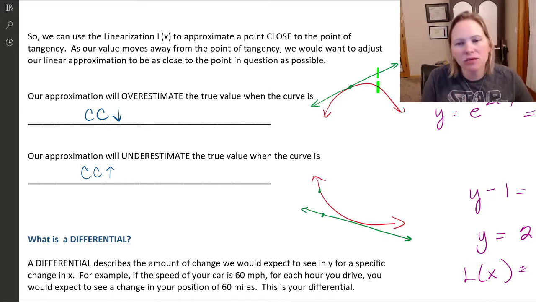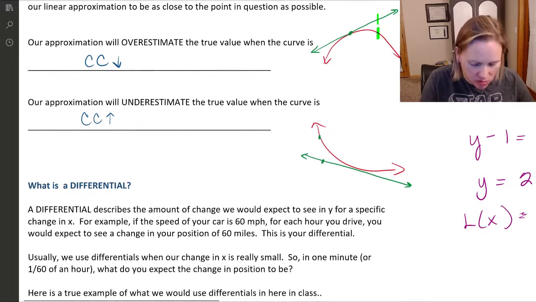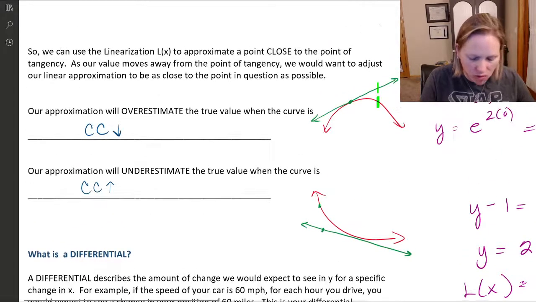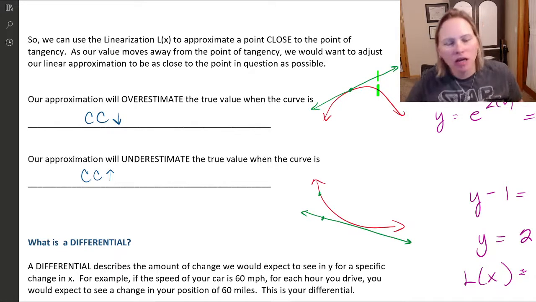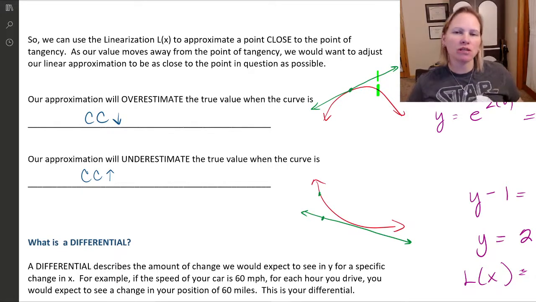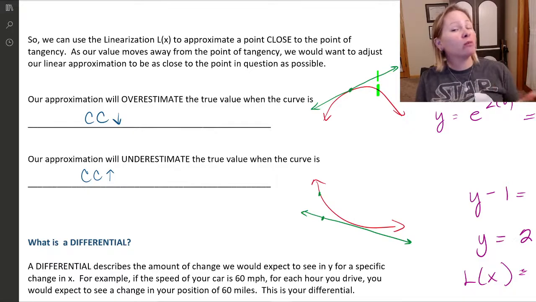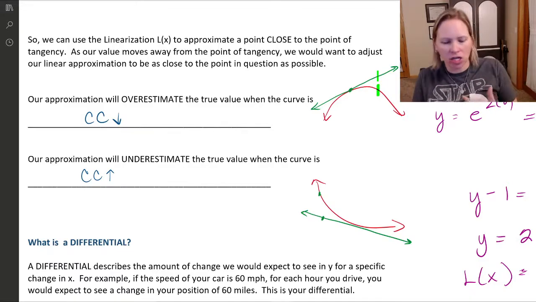Now, the last thing that I want to talk to you about in this video is something called a differential. Because when we talk about a line and when we talk about estimating, another thing we want to estimate is, let's say that on the graph, if I estimate using the linearization at point 1, what if I move it up to point 2? How much can I expect that y value to change?